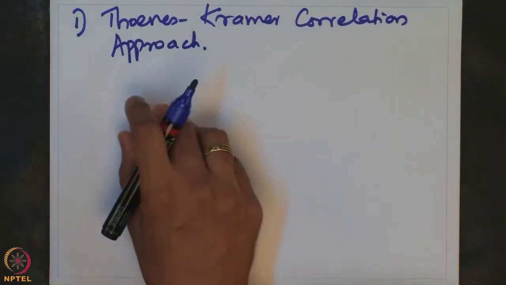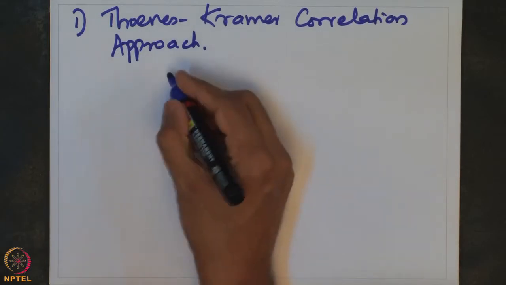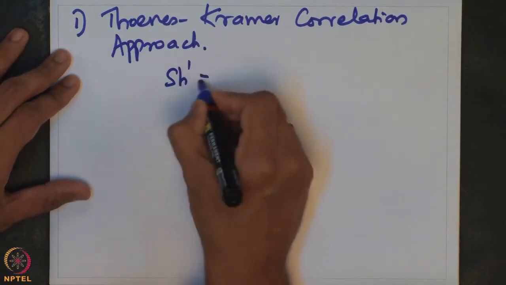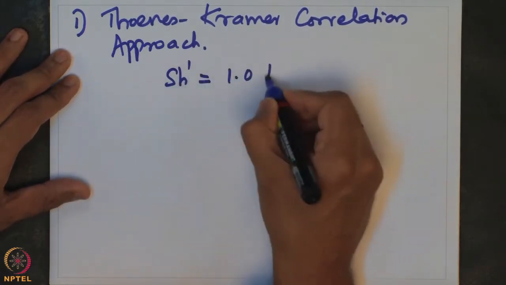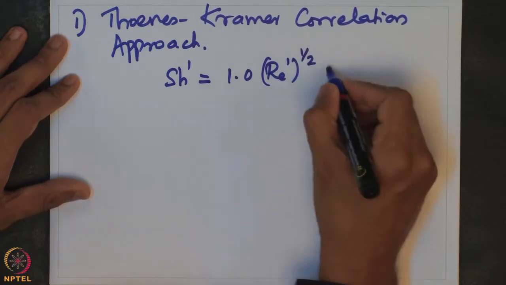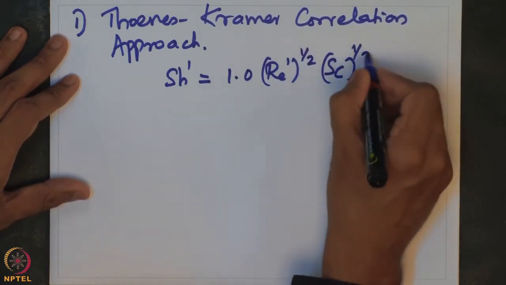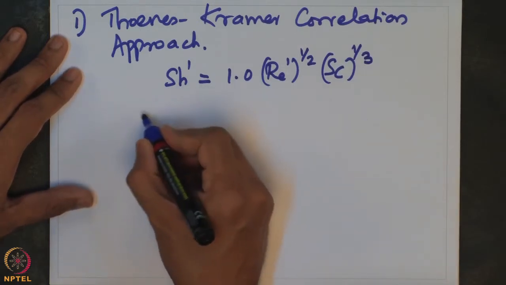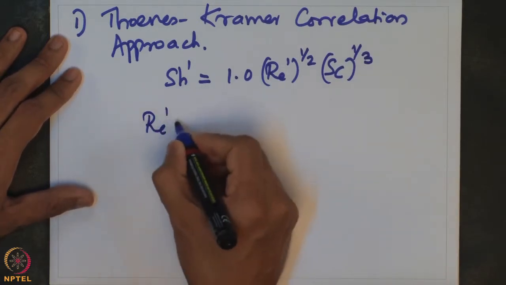So, what is the Thoenes-Kramers correlation? It is essentially given by the modified Sherwood number is equal to 1 into the modified Reynolds number to the power of half into the Schmidt number to the power of 1 by 3. Now, what is the modified Reynolds number?